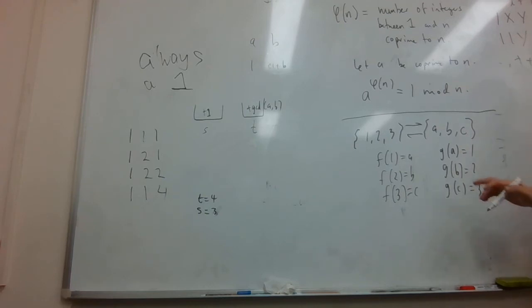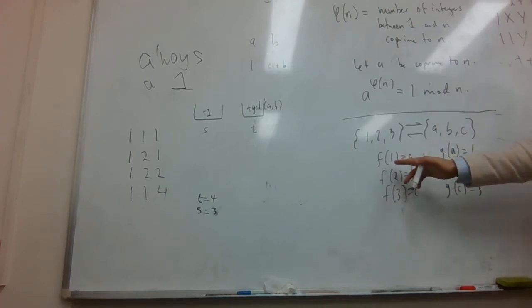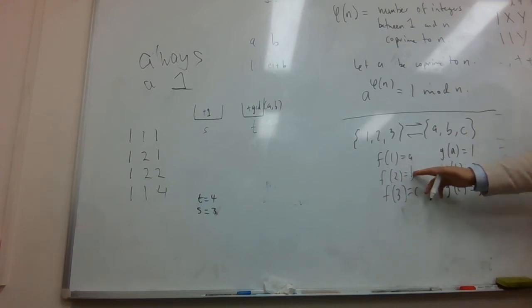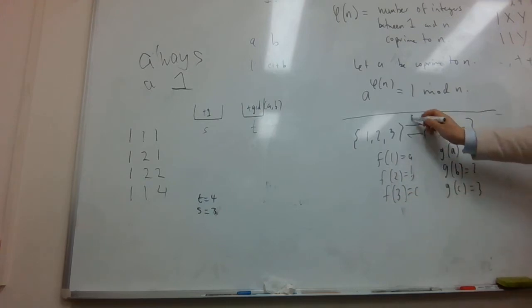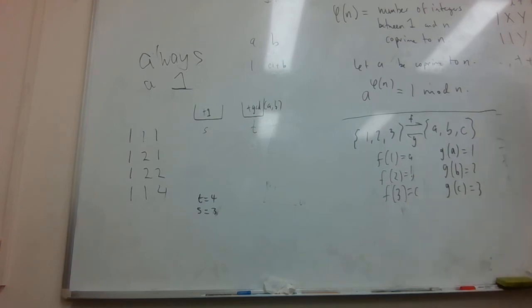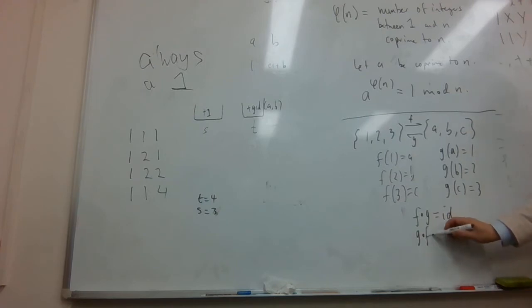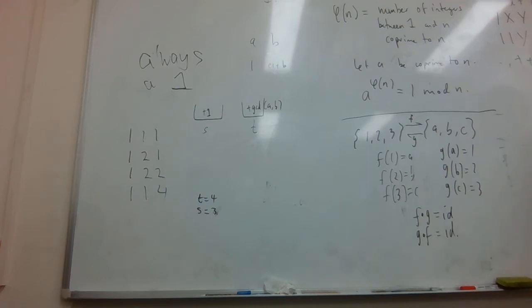The bijection is given by f and g, inverses to each other. f composed with g is the identity, and g composed with f is the identity.